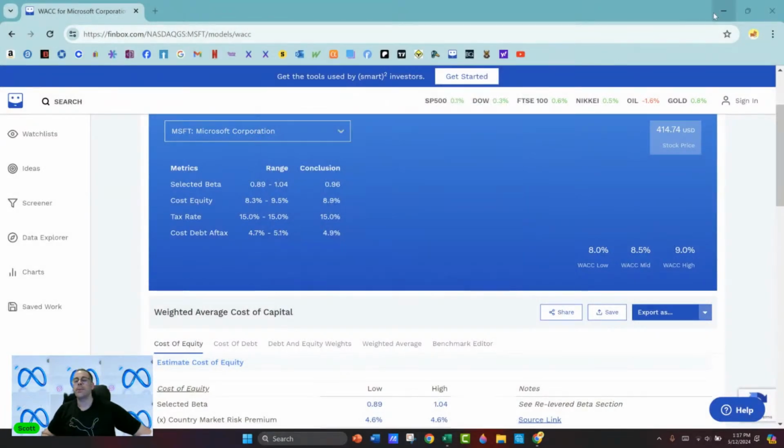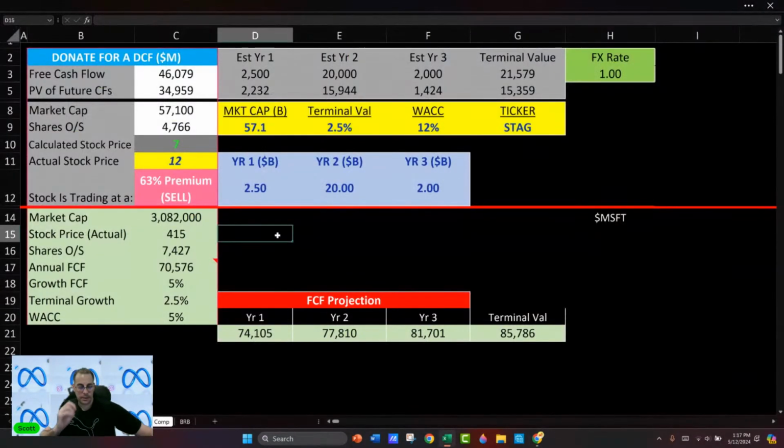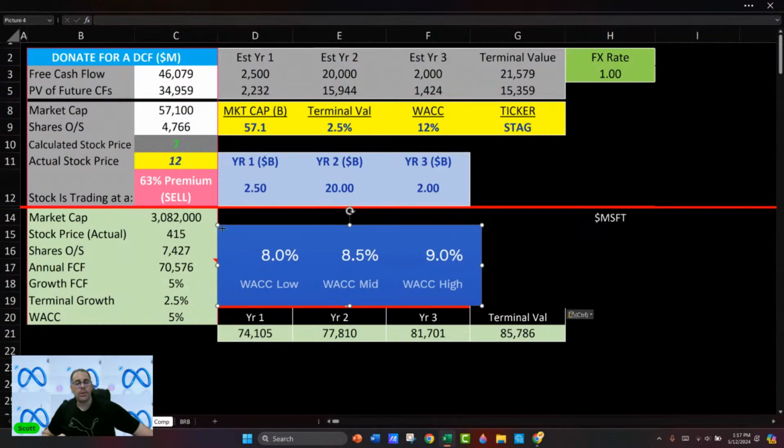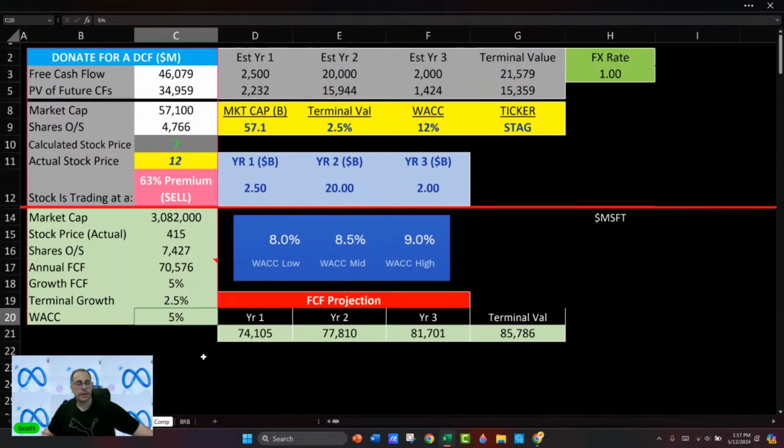You can use a blended WACC, or you can use their low WACC or middle WACC. Sometimes I start with the low and then adjust it, maybe to the medium.